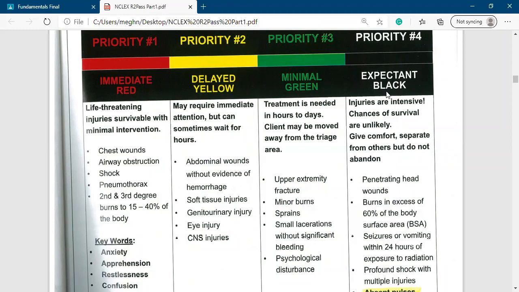It's called the black or expectant category or class 4, expected and allowed to die. Some information about class 4: injuries are intensive and chances of survival are very unlikely. Give them comfort, separate them from others, but do not abandon them.